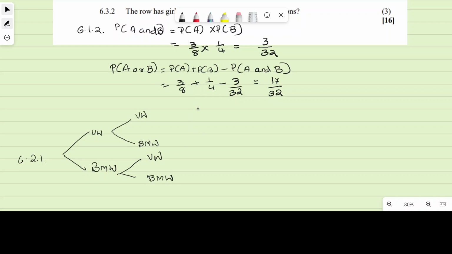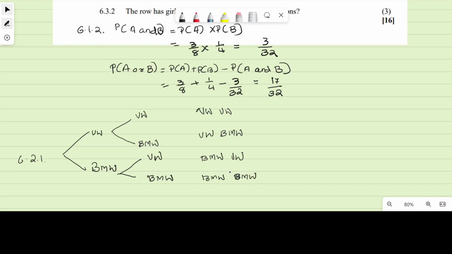Now we are writing the outcomes. That means the two cars that are stolen can be both VW, then first car VW and second one BMW, then BMW and VW, then BMW and BMW.